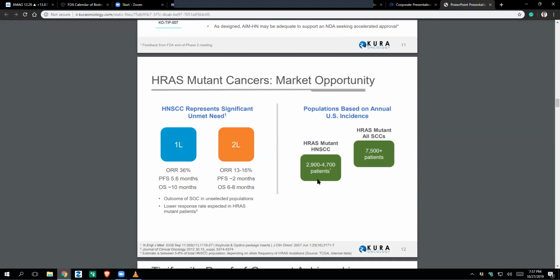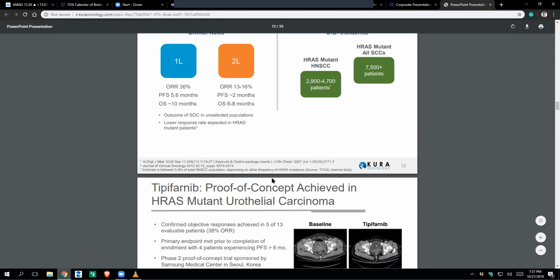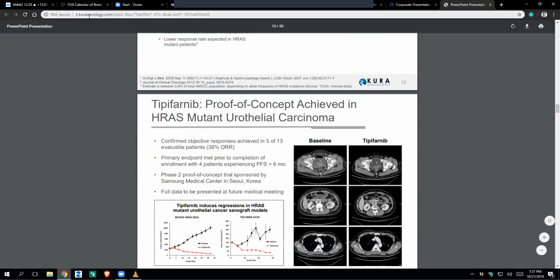Market opportunity, head and neck, they have 2,900 to 4,700 patients. Right now, we don't have much of a good response. All of the squamous cell, even higher, 7,500 patients. Okay.